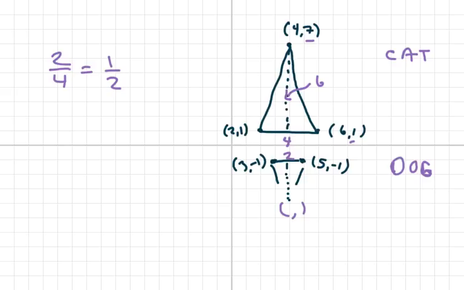This means that the height of DOG is half the height of triangle CAT, or half of 6, which is 3. So the length of this is going to be 3, if this is 6. So you go down 1, 2, 3. There you go, which means the vertex is 3 below.